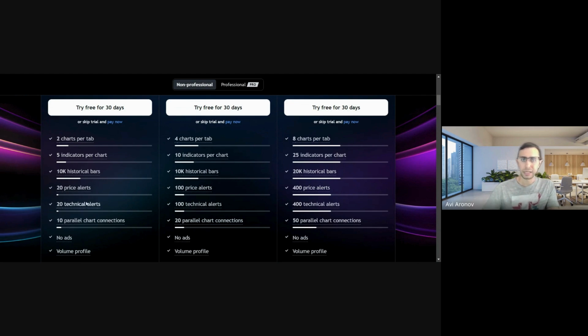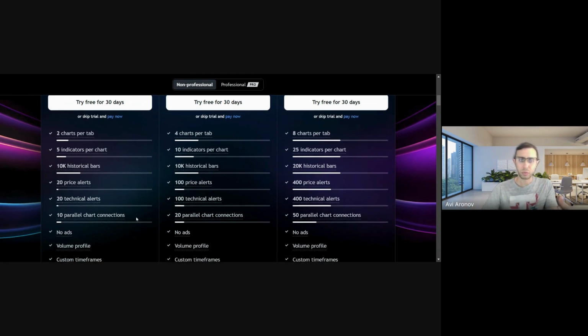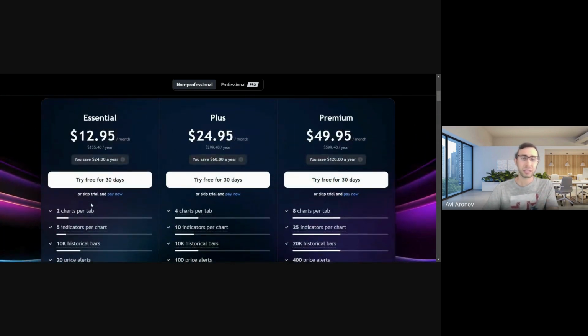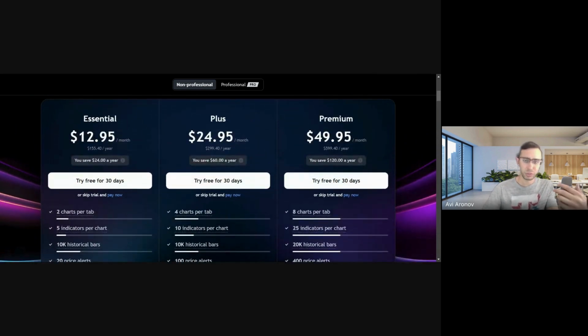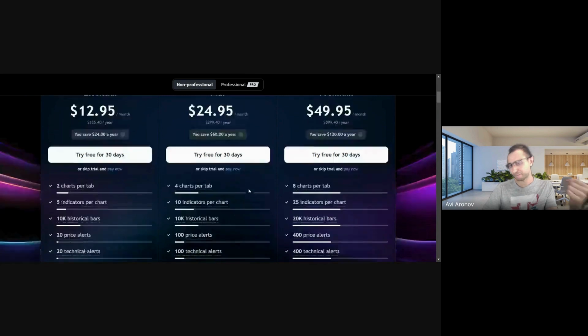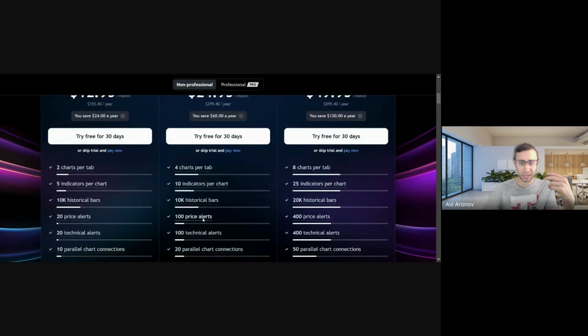Alerts, 20 alerts, more than enough, because as you put alerts, one goes and then you have one empty again. You will not have 20, 30 trades at the same time, especially not at the beginning. By the time you need this other plan, which will be $25 a month, you will be able to have 100 alerts, and already you will be more profitable.